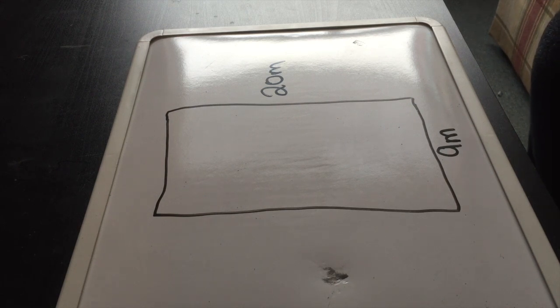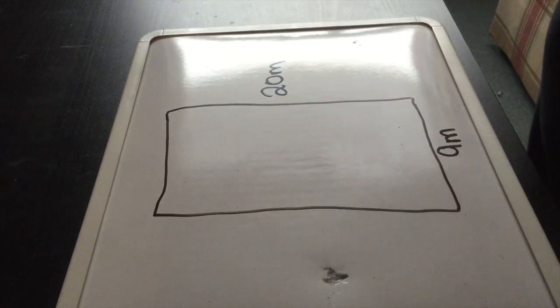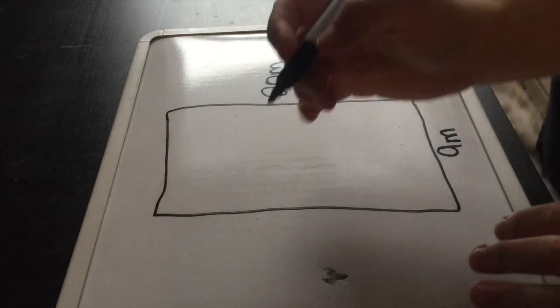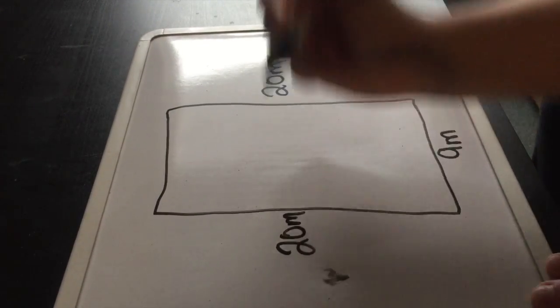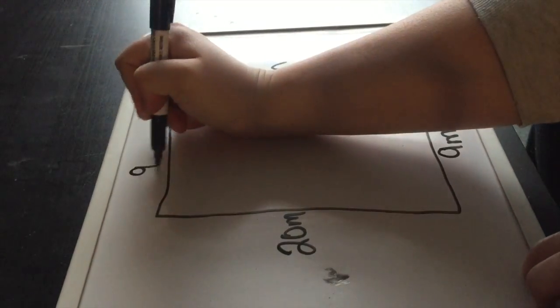However, for a second grader, you really want to tell them how important it is to fill in the rest, because that's how they're going to get their marks, to show their thinking. So we're going to go ahead and fill in the rest. We know that this is 20 meters, and we know that this is 9 meters.